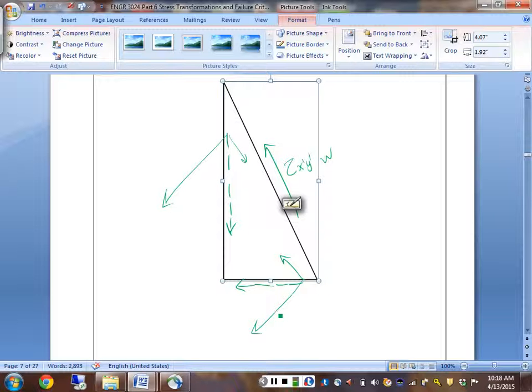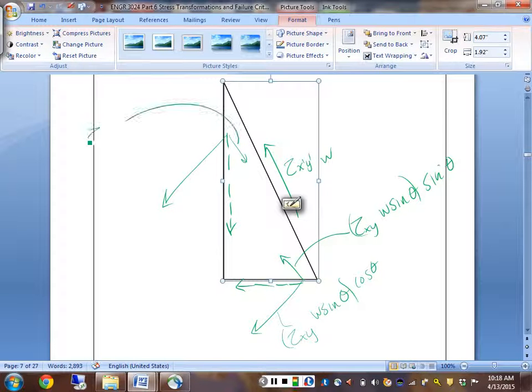And this is tau xy W sine theta. That's the original magnitude times cos theta. Tau xy W sine theta sine theta. Oh. Tau xy W cos theta sine theta. Tau xy W cos theta cos theta.